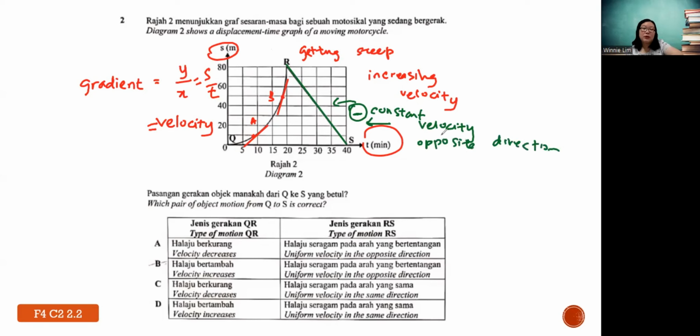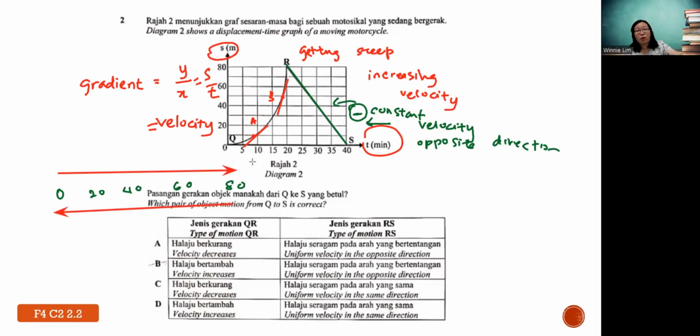If teacher were to draw a line graph, the distance travelled is from 0 meter to 20 to 40 to 60 to 80, correct? Somebody moves from 0 meter to 80 meter until point R, understand? Then from R, it goes back to the origin, but with constant velocity.